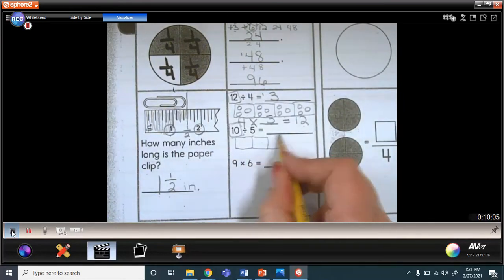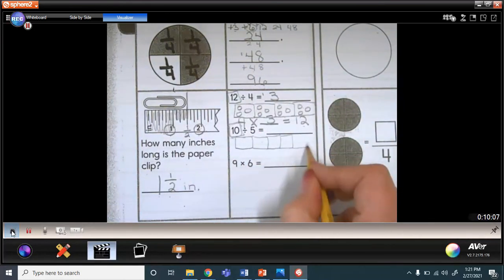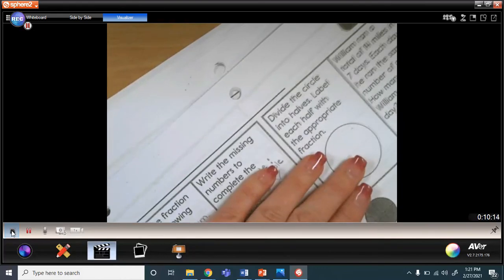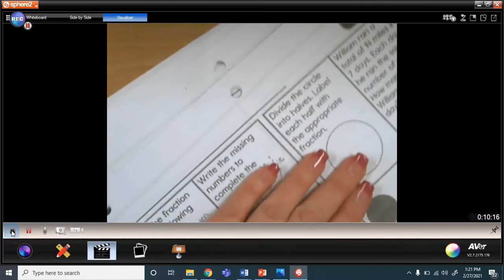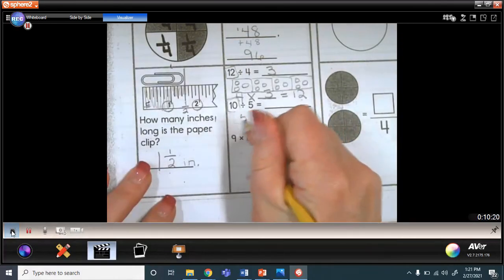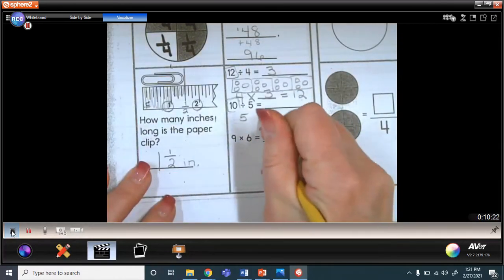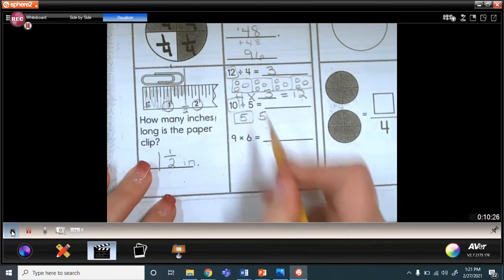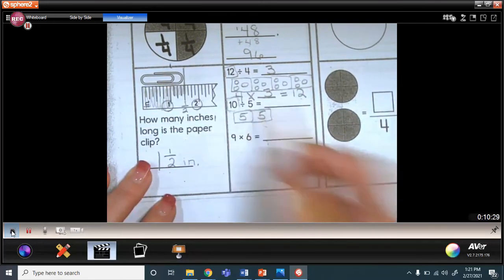So 10 pieces of paper, 5 pieces of paper in each group. And I was going to do an array, but I think I will. 5 pieces of paper here, 5 pieces of paper there. That's a group of 5. This is a group of 5.